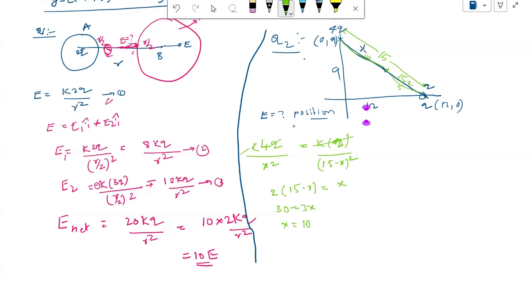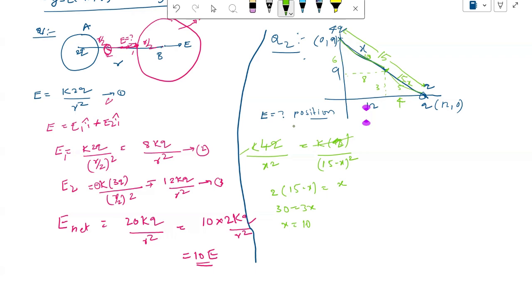Now this position is what we need to find. For 10 as hypotenuse and 5 as hypotenuse, we know this is 4 and 3 I will take. To get the 10 here, I need 8 and 6. See, 3 plus 6 is 9, 8 plus 4 is 12.